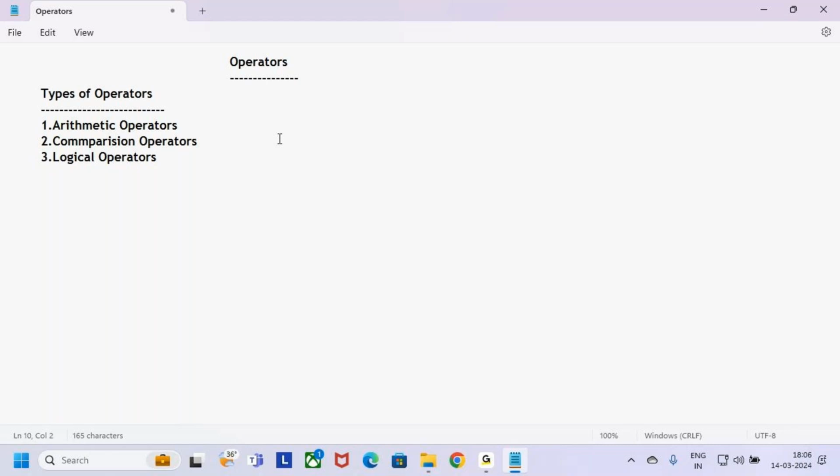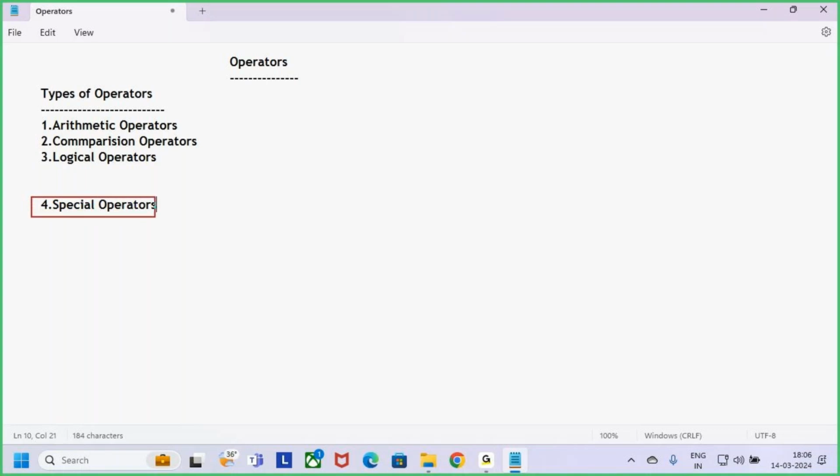And there is one more type, the fourth one, which is special operators. We'll discuss these special operators in the coming classes, not here. In Power Apps, we'll discuss something called a gallery, and when I discuss galleries, at that time we'll discuss the different types of special operators and how to use them.